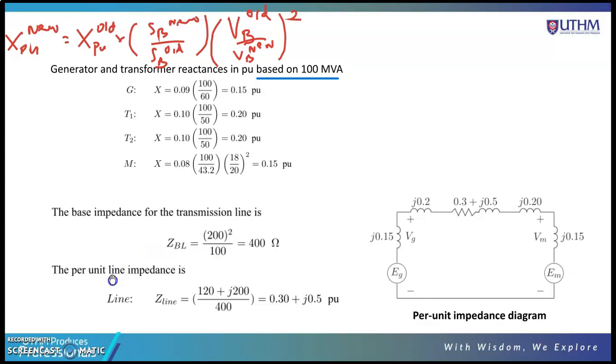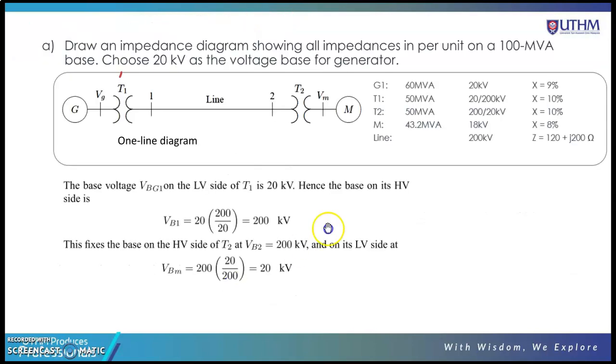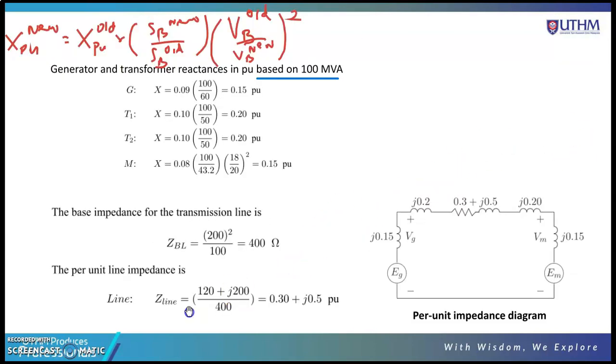So the per unit value of the line impedance, Z per unit, equal to Z actual of the transmission line divided by Z base of the transmission line.